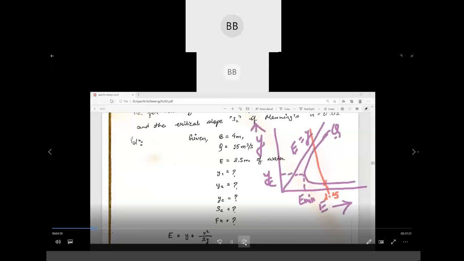For that particular energy, you'll be having two depths of flow. So these two depths are called alternate depth. One you consider y1, another one you consider y2. For both depths, your specific energy is the same. So this is called your alternate depth.